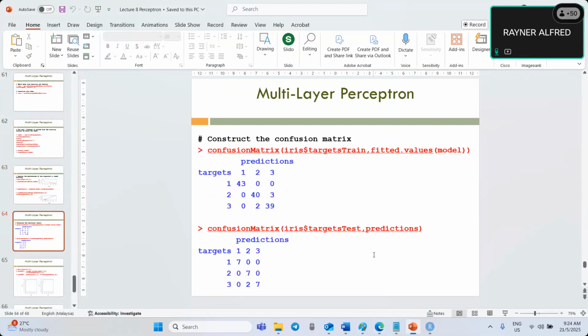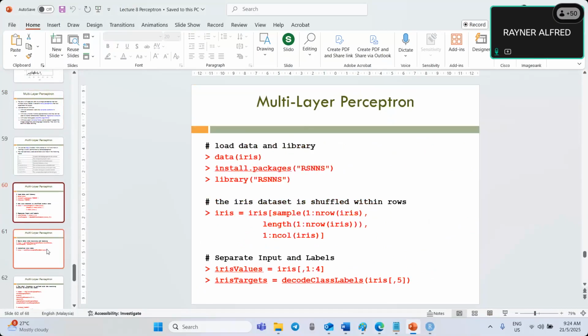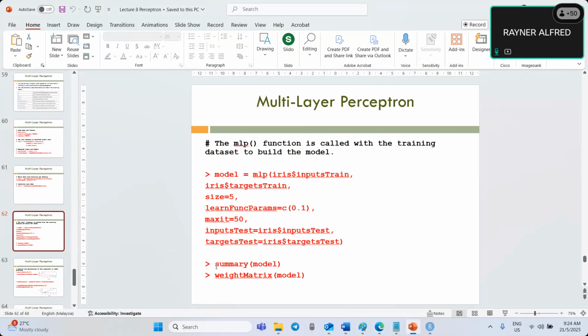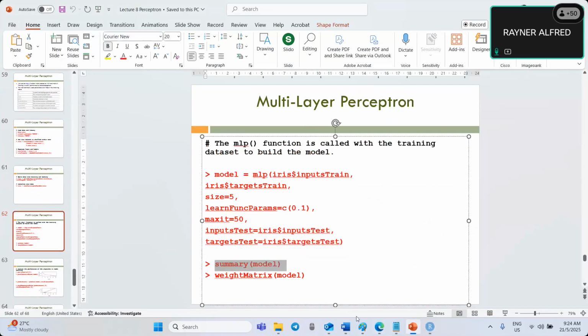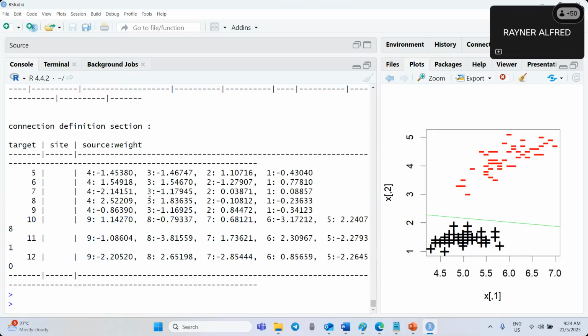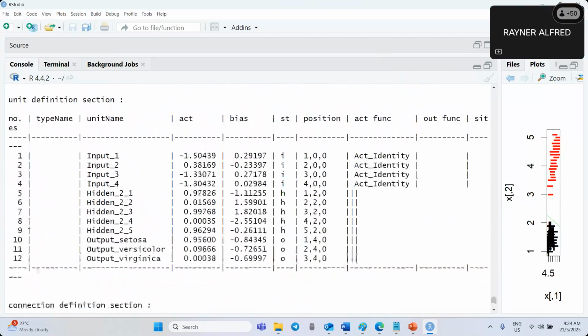So once we model this one, we look at the summary here. So this is basically the weights that we have. So let me make it big.